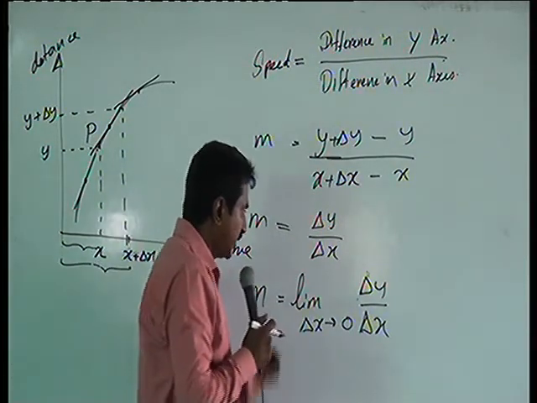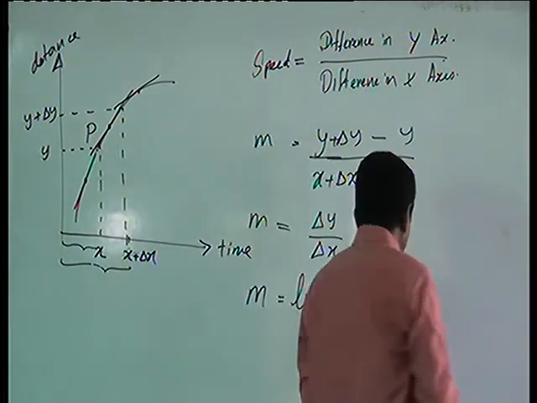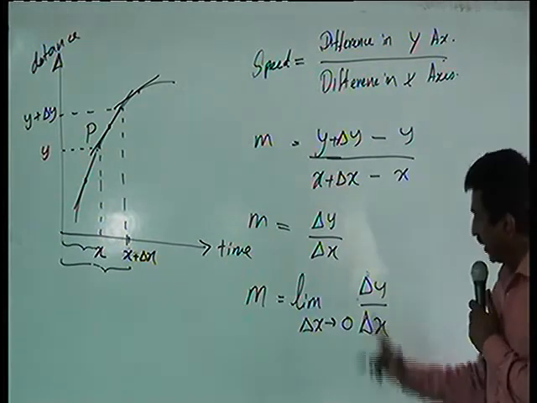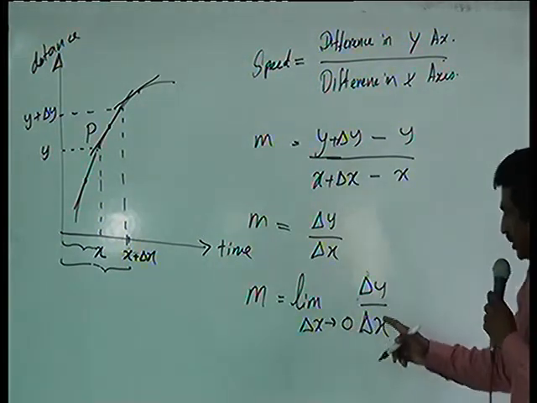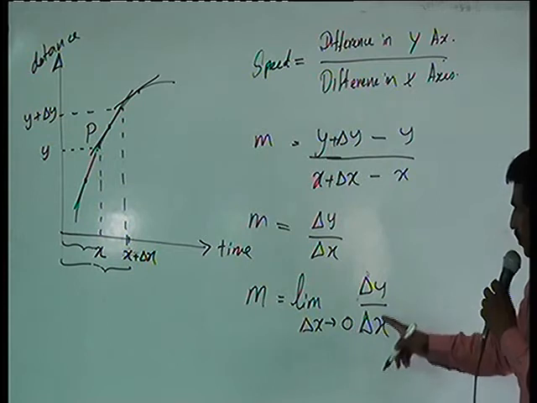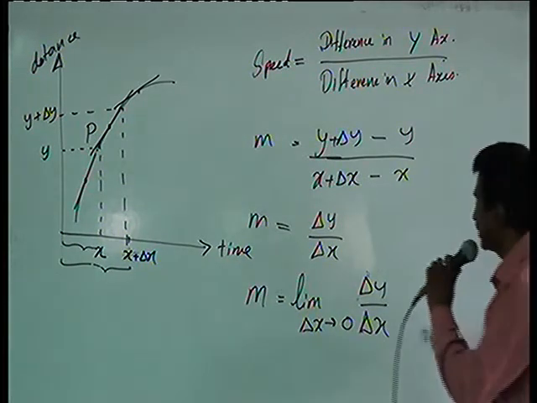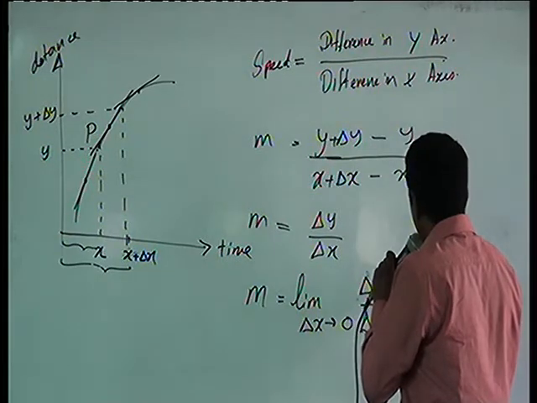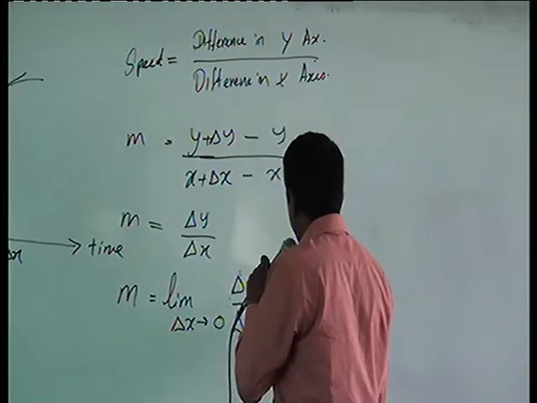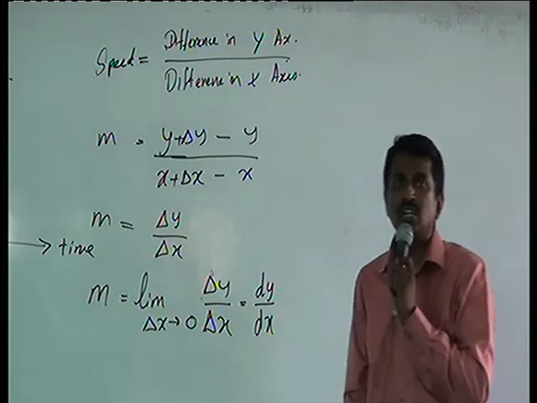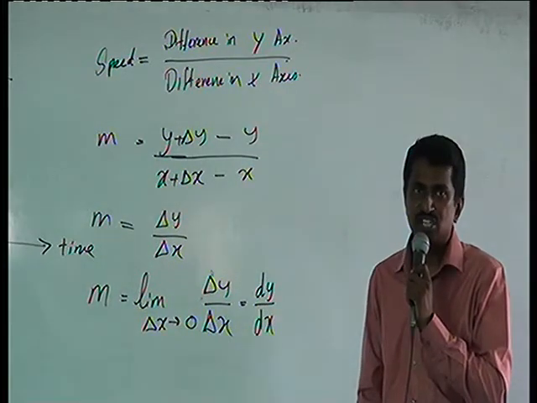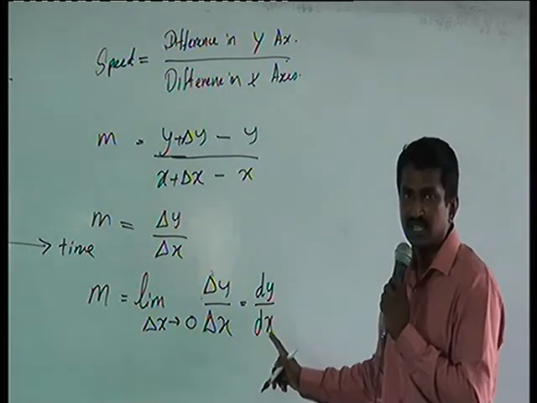Newton, that particular scientist, found this formula. The limit of delta y divided by delta x, he denoted as dy by dx. That is the differential coefficient.